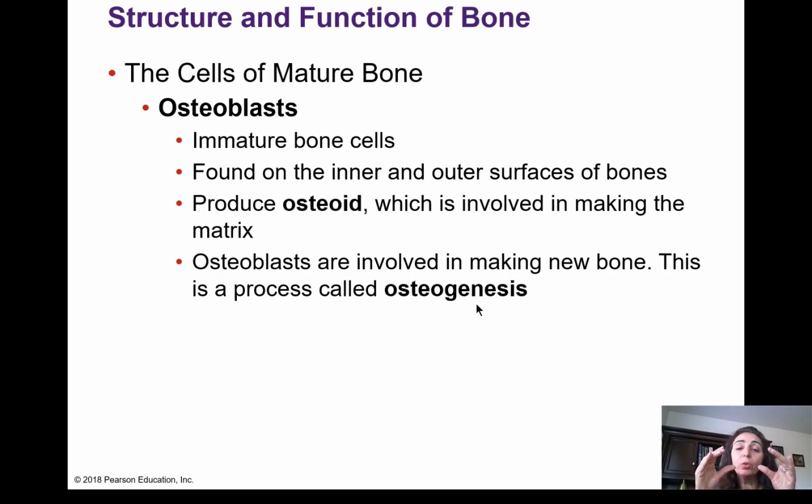No more matrix can be produced, and in this way, that osteoblast is trapped among all the matrix that has been made around it. At that point, that osteoblast changes to osteocyte, and osteocyte now is a mature cell, not able to produce more matrix. It just maintains all the matrix that we have.